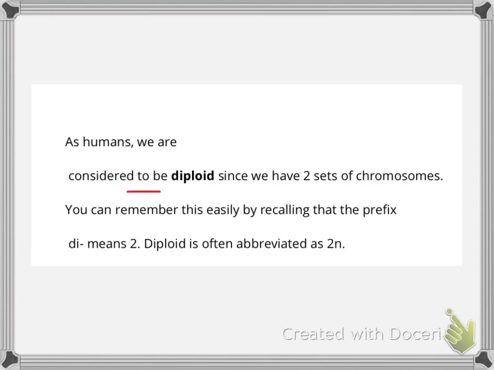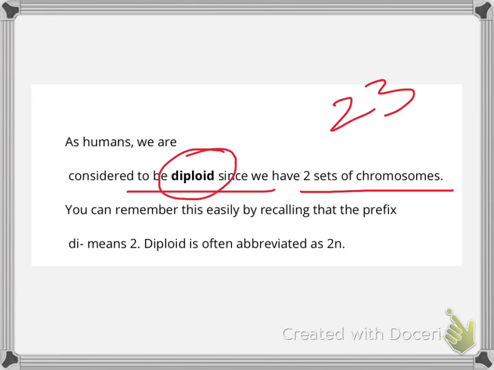Humans are considered to be diploid because we have 2 sets of chromosomes, 2 sets of 23 chromosomes. And we can easily remember that by recalling that the prefix di means 2.